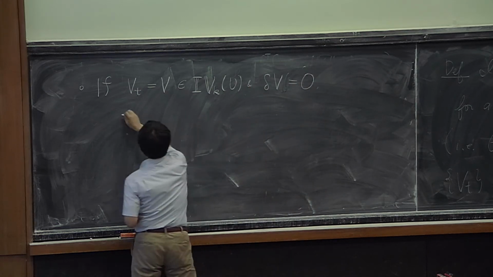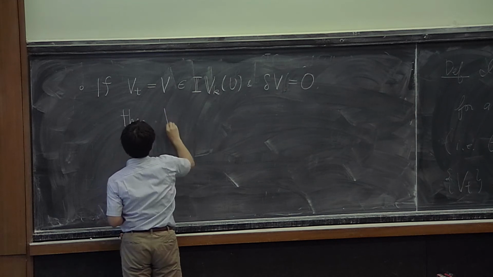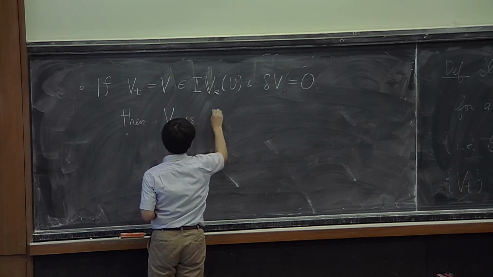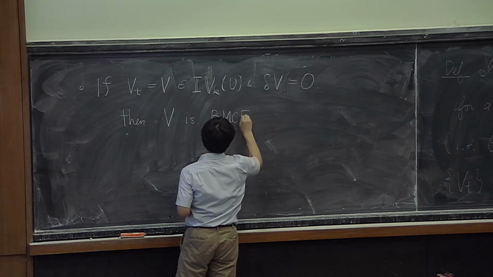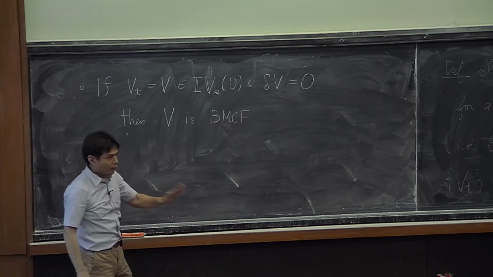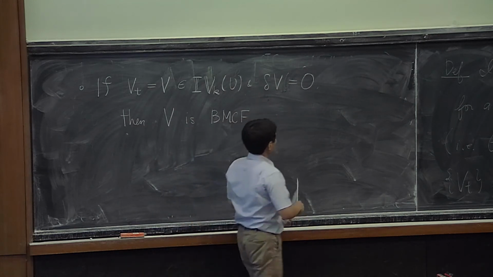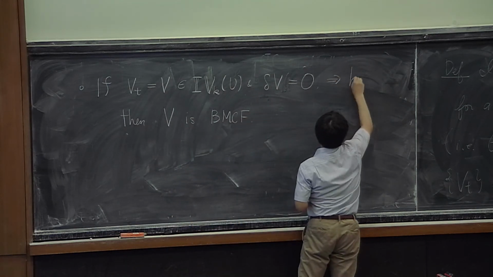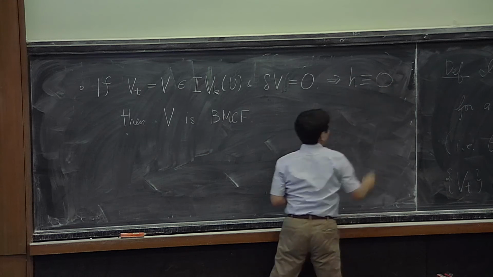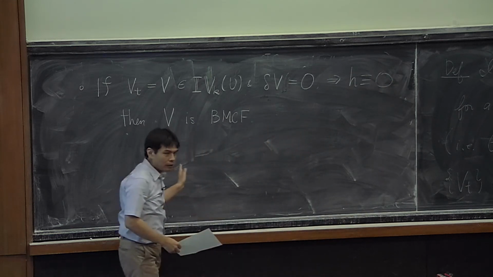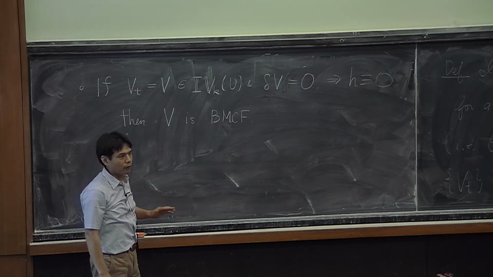Okay, then of course this V_t is Brakke's mean curvature flow. Okay, because this means H is equal to 0, because first variation equal to 0 means the generalized mean curvature is equal to 0. So trivially, this satisfies all the conditions I wrote.